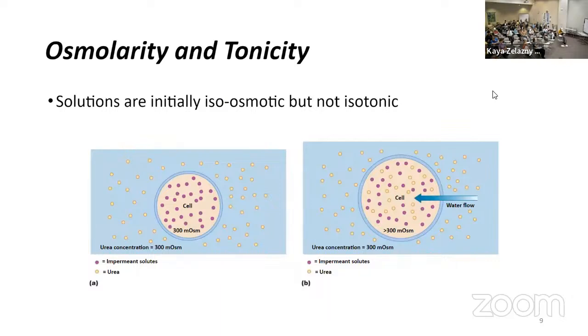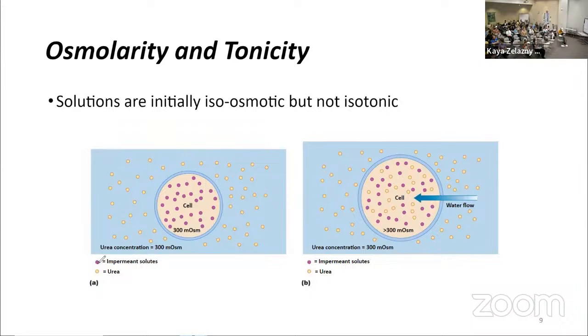So here we have an example showing the difference between the osmolarity and the tonicity. In this example, we're looking at our impermeant solutes in purple, and we're looking at urea in yellow, which is a permeant solute, so it can move. On the left-hand side, we're looking at something that is isoosmotic, right?